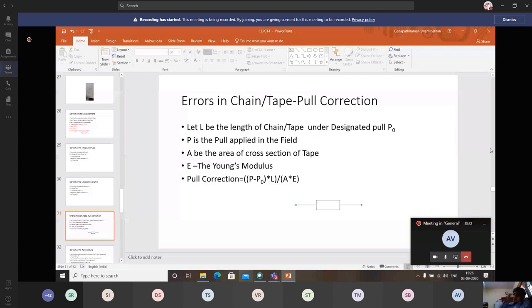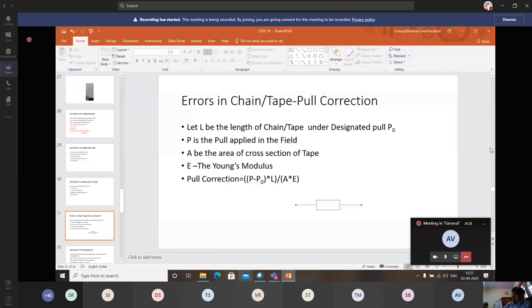So P is the designated pull. Suppose I say that the tape is 20 meter in length, and I apply a pull of, say, about 8 kg. 8 into 9.8, roughly 79.2 or so Newton, because we are measuring the force in Newton, not in kg.